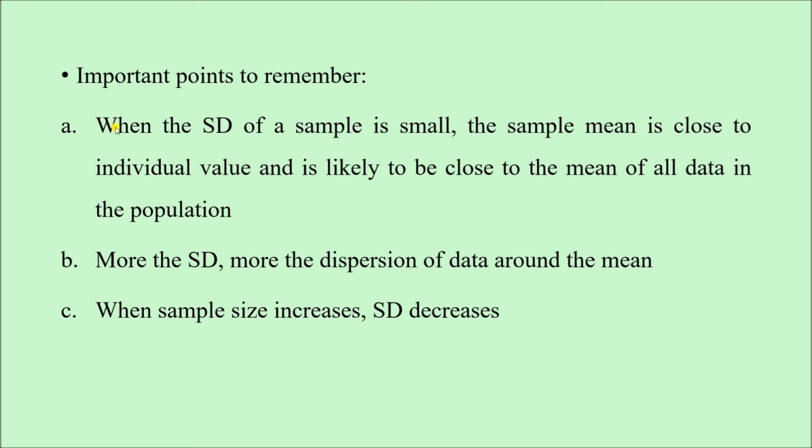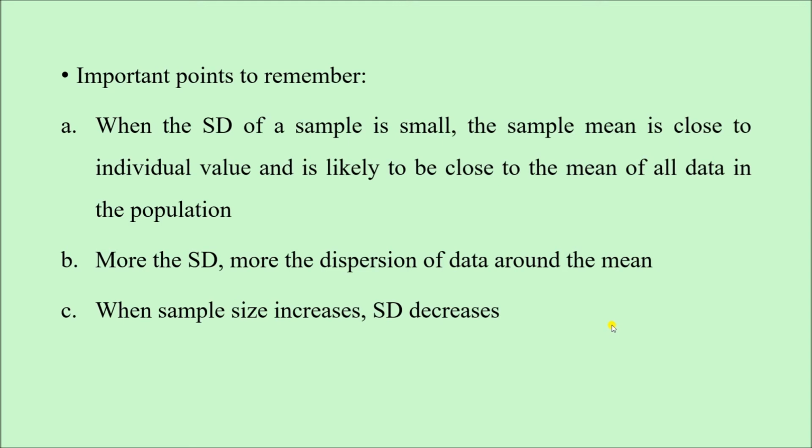Now this point A and point B may look a little bit confusing, but in the future video when we shall discuss normal distribution, this concept will be clear. Also remember, when the sample size increases, standard deviation decreases.